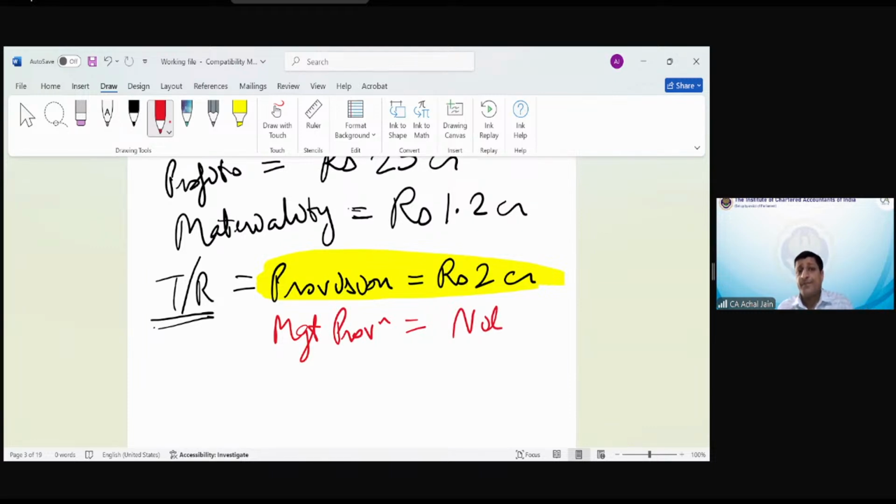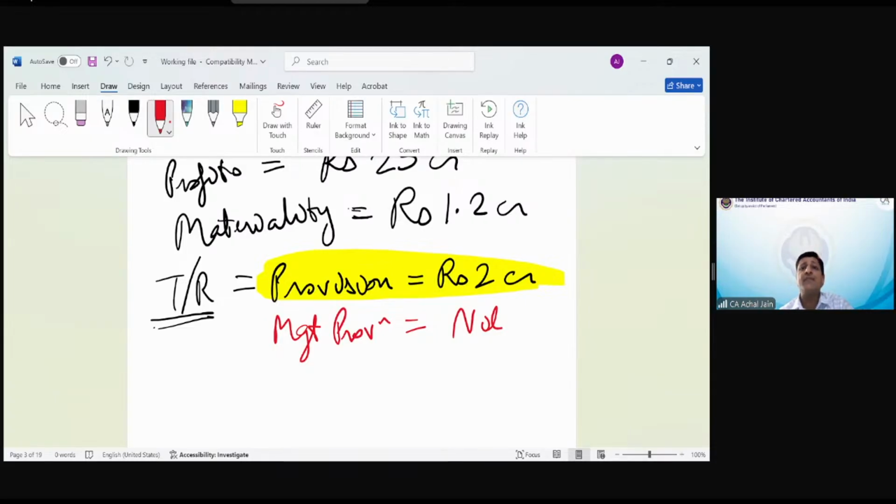In this case, what is it that the auditors have done? They have gone through the required documents, and the communications which the management had with some of the trade receivables, which auditors believe are doubtful. But the management is of the view that they are not doubtful and they will be able to collect the money, and that's why they believe no provision should be created.